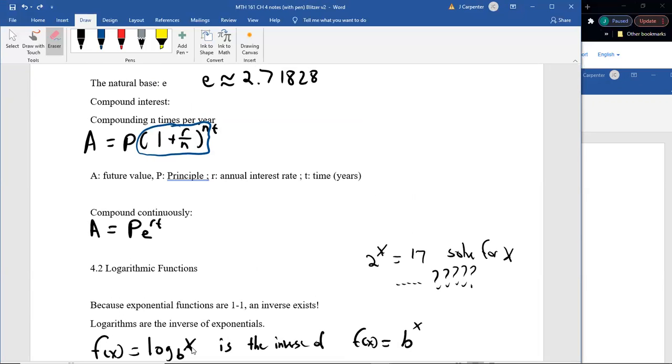So this is the notation. f of x equals, or y equals, and this is the way you say it. There's two different ways. Log base b of x, or log of x base b. So the b is what we call the base. And yes, there's a reason we call it a base, because exponentials have bases. It's literally the same base in exponential form.